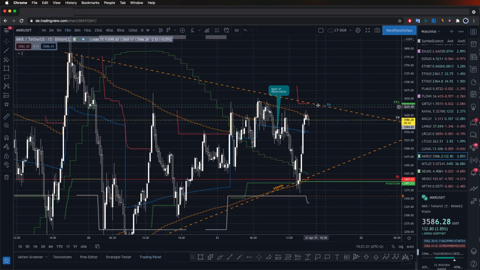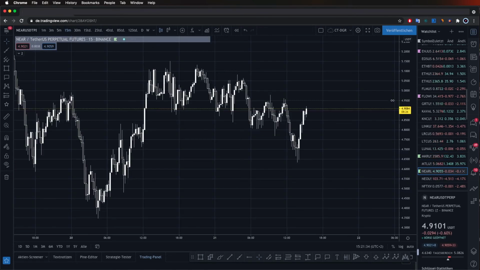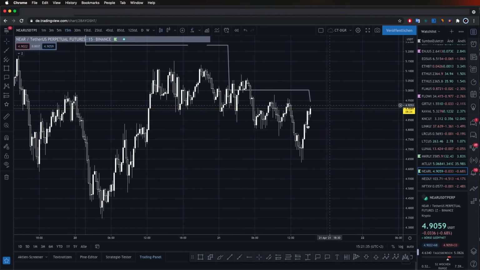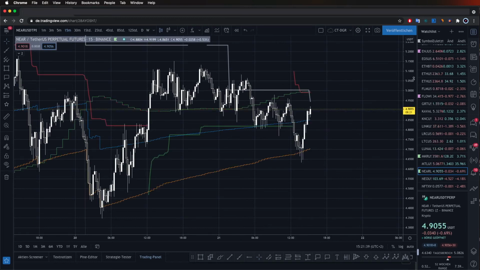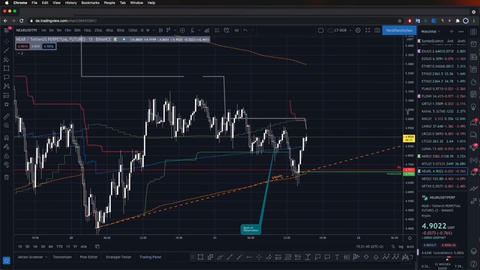So I would say if it comes in here in the next 2 hours, a little less, maybe here, I would take some more gain out of it. And just quick look here. I also already put my stop loss in my exchange, so I will be in the profit anyway.